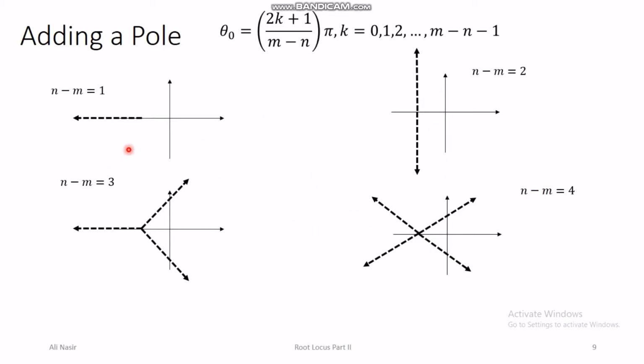When the difference was 1, the asymptote was completely to the left, and when the difference increased, now they are neutral. They are neither to the left nor to the right. So you can say they are lesser to the left compared to this scenario. And when you further increase, then it actually bends towards the right.